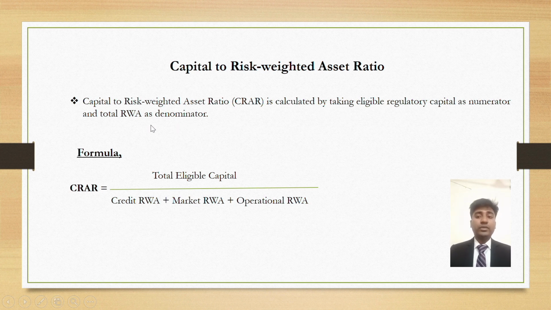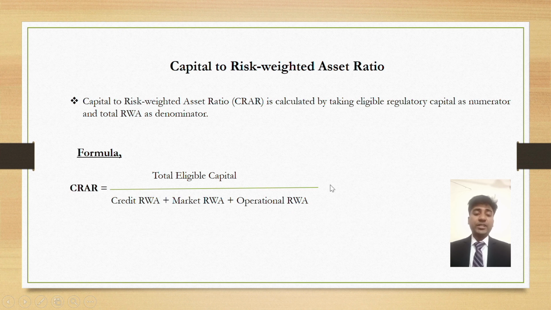The formula of CRAR, that means capital to risk weighted asset ratio, equals total eligible capital divided by the sum of credit risk weighted asset plus market risk weighted asset and operational risk weighted asset.